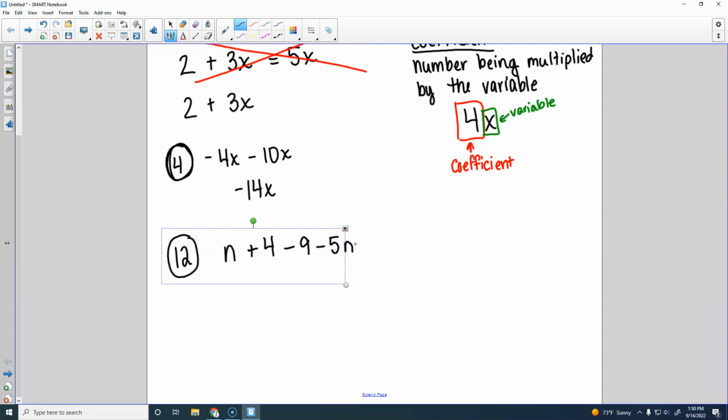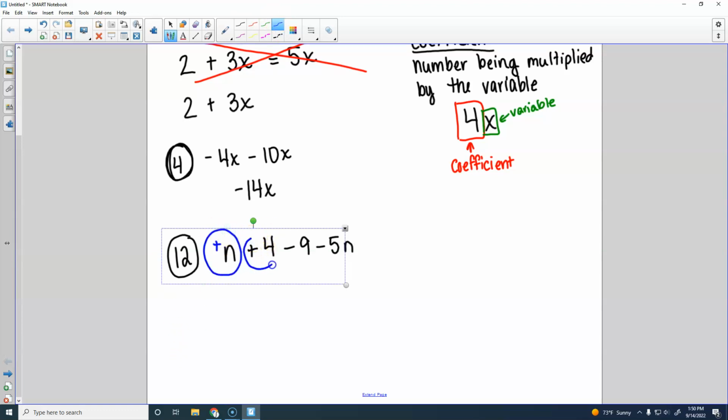Now, the thing students get most confused on when combining like terms is they look at the wrong sign. Okay? The sign of a number here is going to be in front of that number or that variable, right? So, here, this is a positive n.